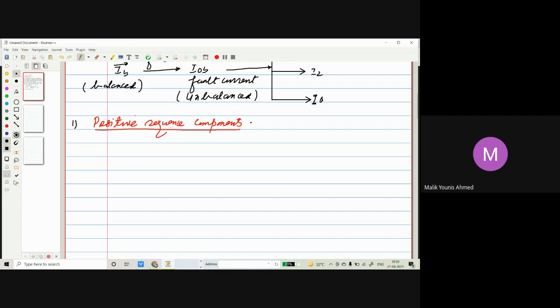Okay, so let's define this now. Positive sequence components. I'm writing it in short form.